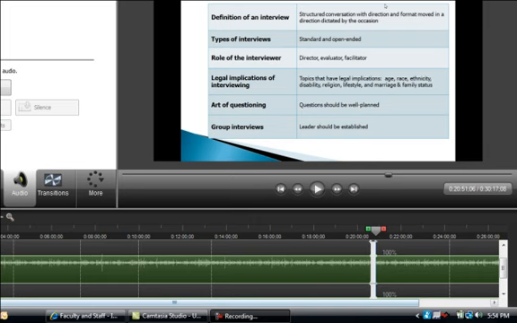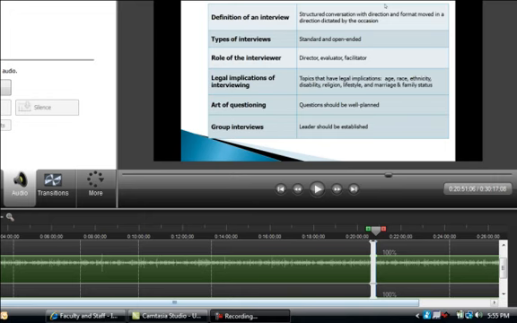Also be aware of legal implications of the interview situation. This would entail training interviewers of legal limitations of the interview situation. Among the things I would suggest you make sure they know about is to train interviewers about legalities of things that are off limits, such as age, marital status, and racial and ethnic background.